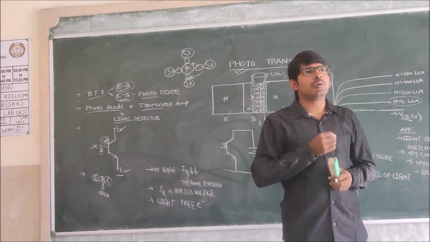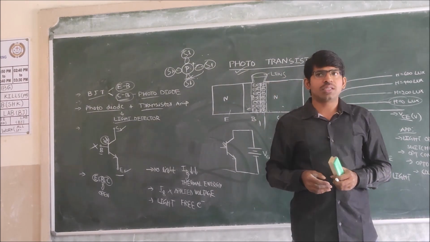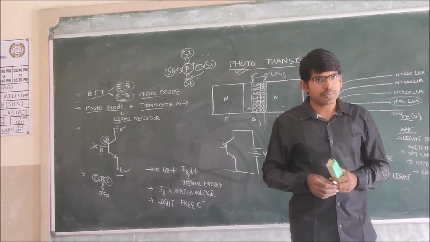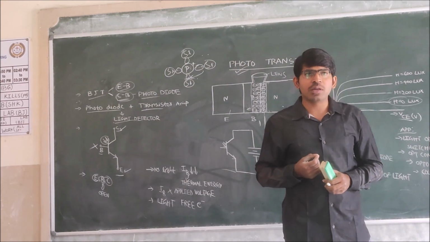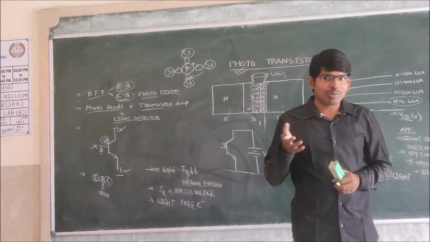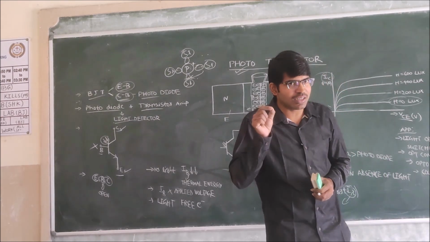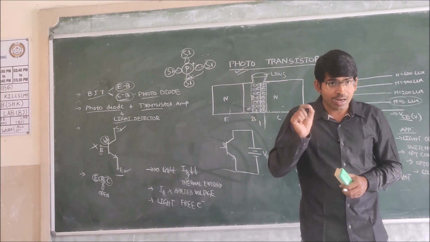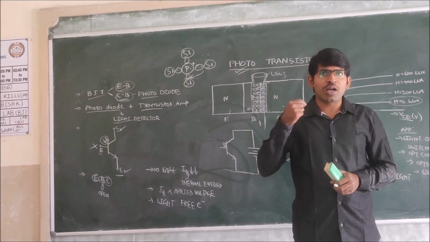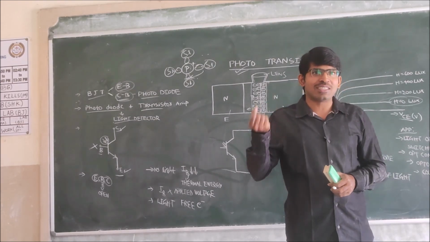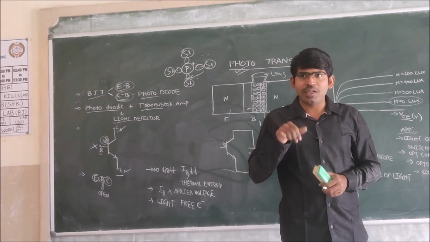In that coaxial cable, we used to send electrical signals. But now we are using optical fiber cables. In optical fiber cables, we are not sending electrical signals, but we are sending the information in the form of light. So we have to convert the electrical signal to a light signal at the transmitting end.